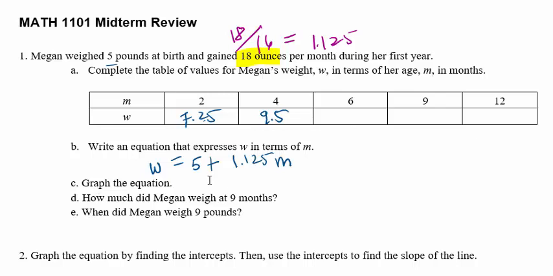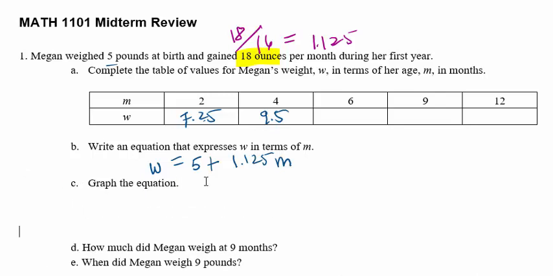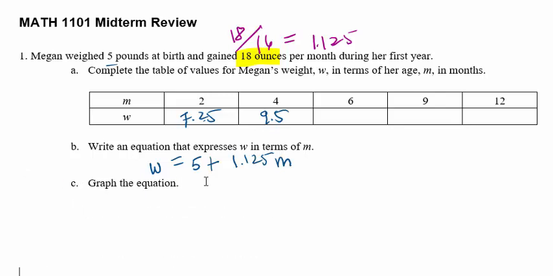Okay, if we want to graph this equation, we really just need 2 points to graph a line. And since this is definitely linear, we could use the y-intercept, which is at (0, 5), and just one of these other points that we found. So when M is 4, W is 9.5.